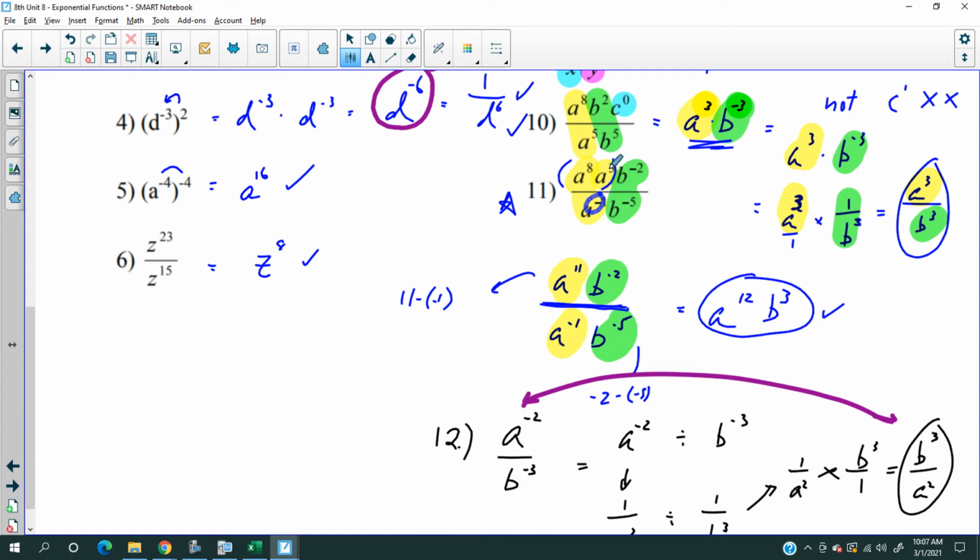Understand? In other words, if the negative exponent was in the numerator, now it goes to the denominator. If the negative exponent was in the denominator, now it goes back up. Got that? So this is what it is.